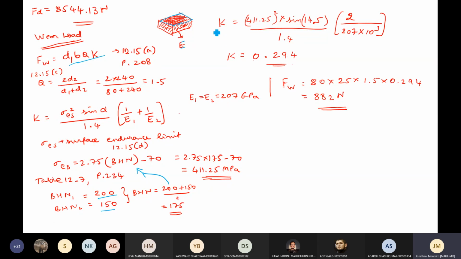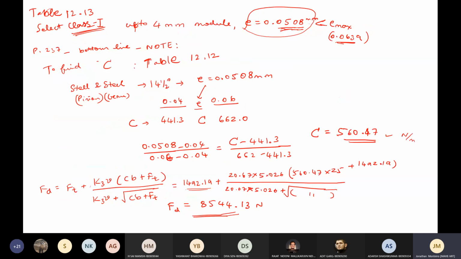Now we put this value in, and we came across the K value to be 0.294, and we assume that E1 and E2 are 207 gigapascals. The wear load came out to be just 882 newtons. Now let us compare this. If I go one slide back, whatever we solved in the previous class, you see the dynamic load on the gear tooth, FD.